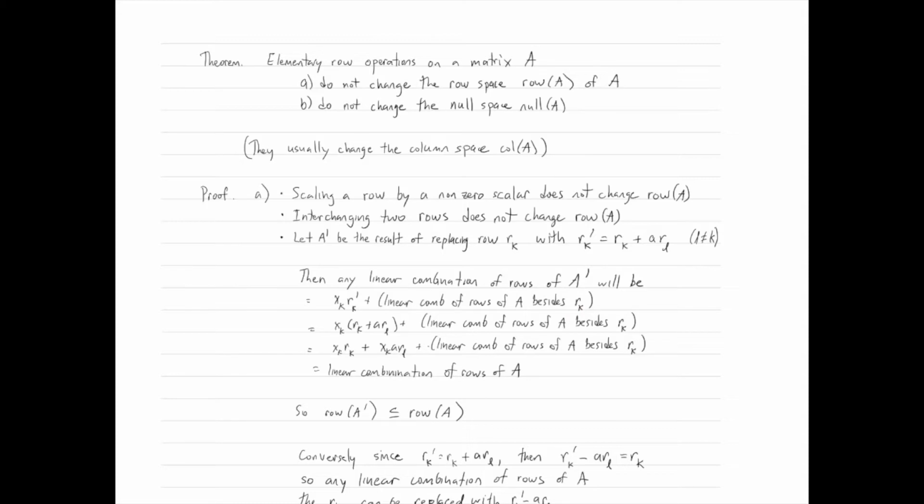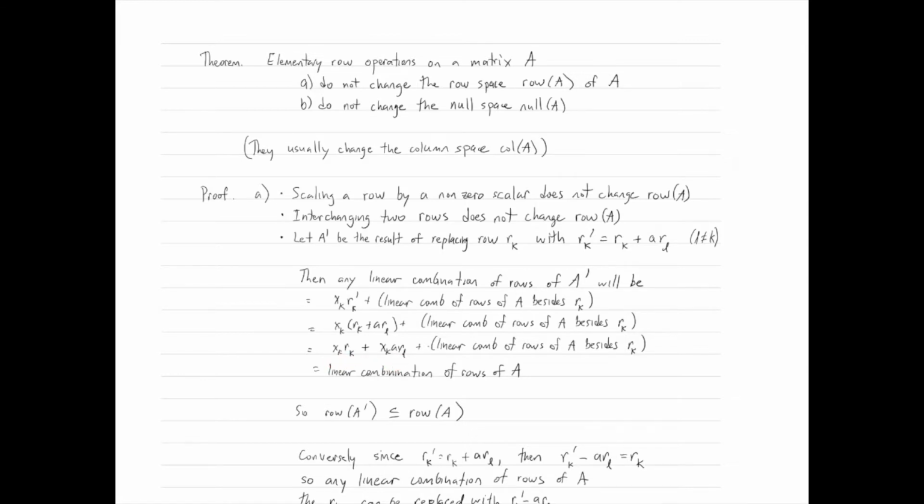Since Rk prime, our new row in A prime, is equal to the original row Rk in A plus some scalar multiple of another row in A, distributing the scalar xk, the coefficient multiplying Rk prime, we get this.